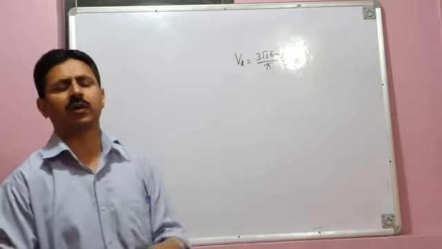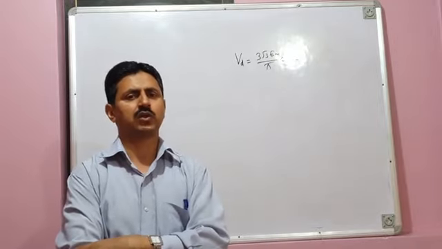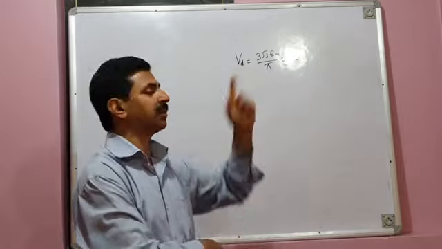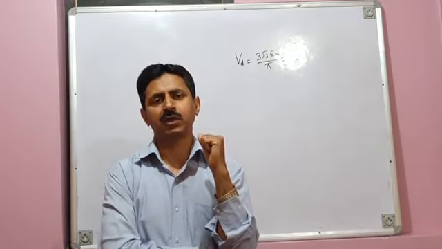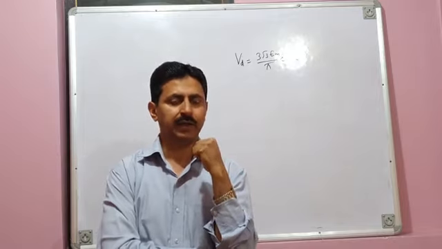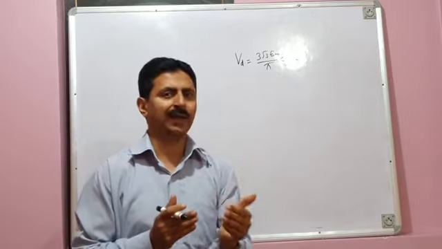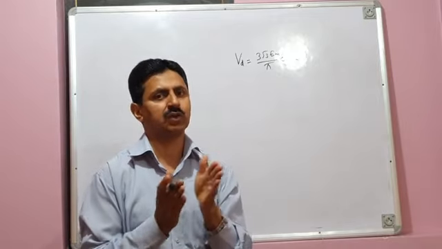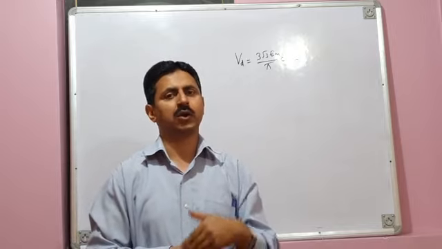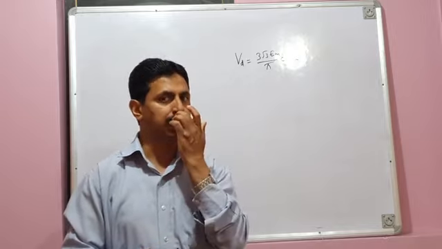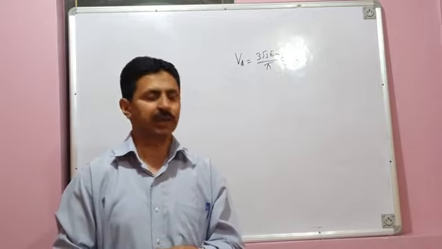It does not take care of commutation overlap and the dip in the voltage because of it. So this expression for converter average output voltage will get modified. Somewhere in the equation, we have to include the commutation overlap angle, so that the drop in the voltage or loss of output voltage is taken care of in mathematical form.